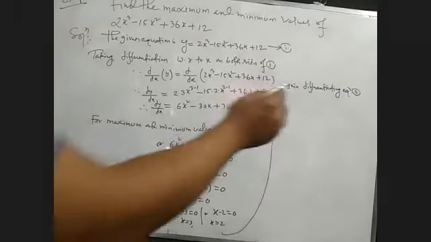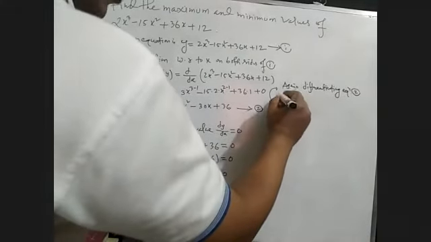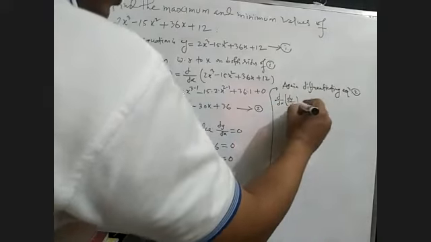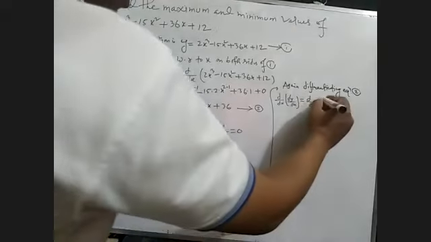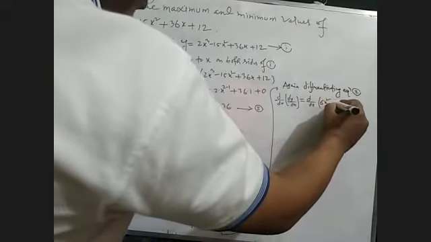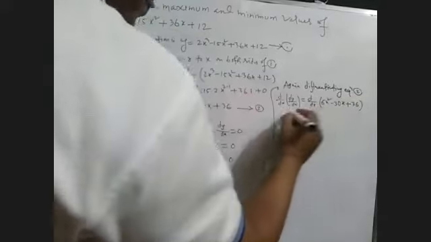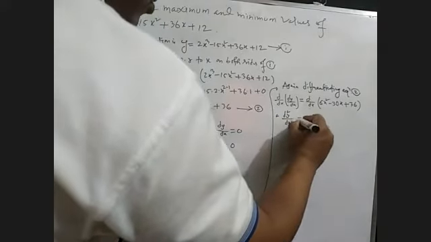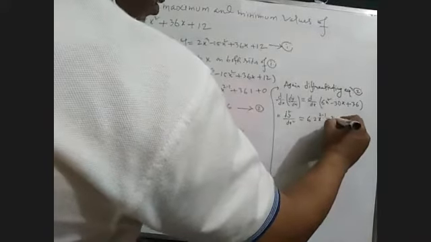Now again differentiating equation 2, that means again taking derivatives of this, we get, taking d/dx on both sides, d square y/dx square equals 6 into, using the power rule, 2x to the power 1, plus 0.